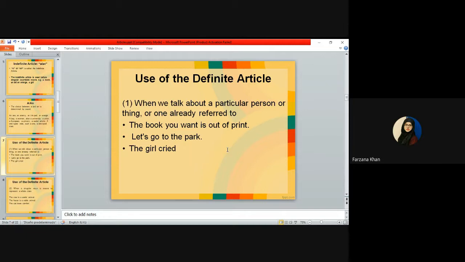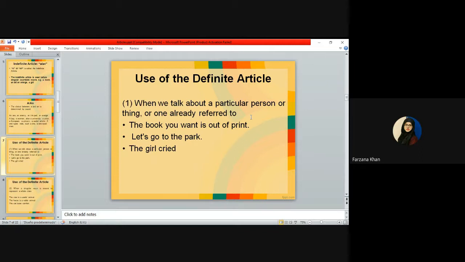Well, the first rule of using the definite article is when we talk about a particular person or thing, or one already referred to. According to the English language rule, the definite article is used with the name of persons, places, or things which are already referred to in the conversation.